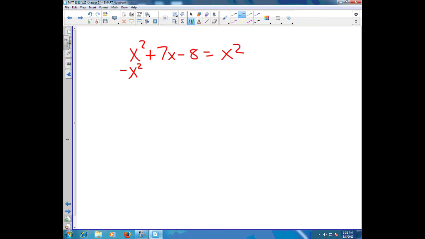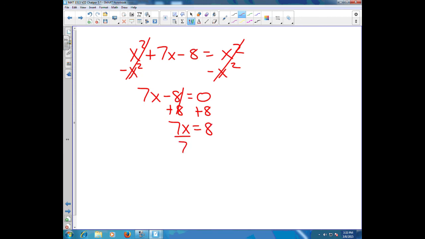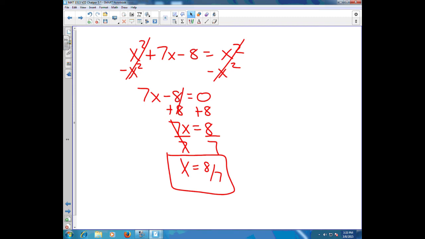If we subtract x squared from both sides, they both add to 0, and we're left with 7x minus 8 equals 0. We can then add 8 to both sides and divide by 7. And you get x equals 8 over 7.